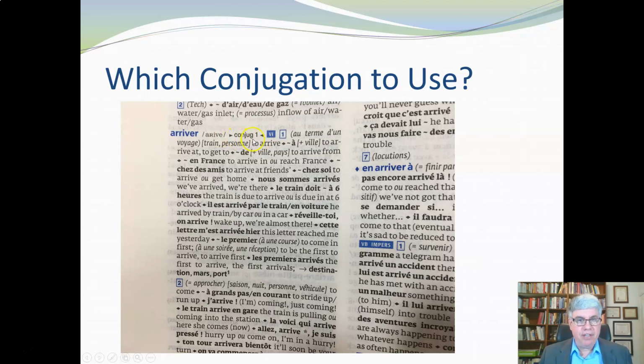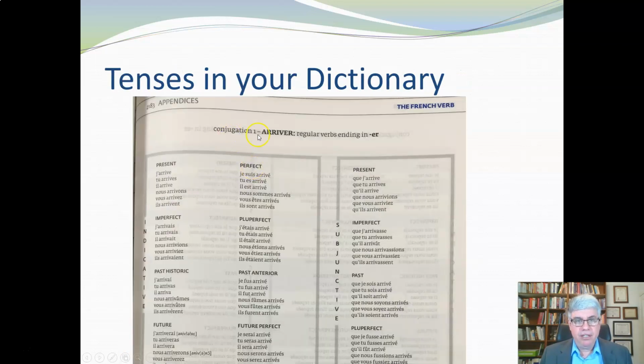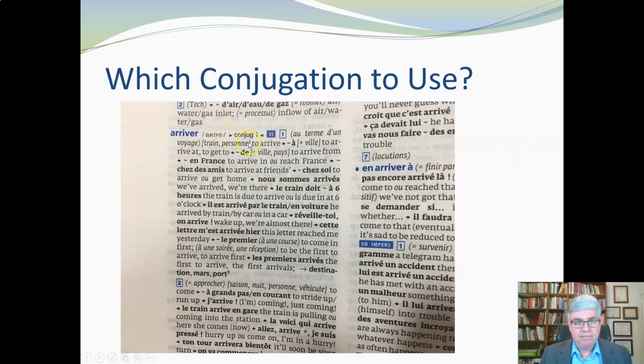And what that means is conjugation 1. So every verb that has conjugation 1 will be like conjugation 1, arrive. And so if it says conjug 14, you would go to table 14 to figure out how it's conjugated, to figure out what tense your verb is in.